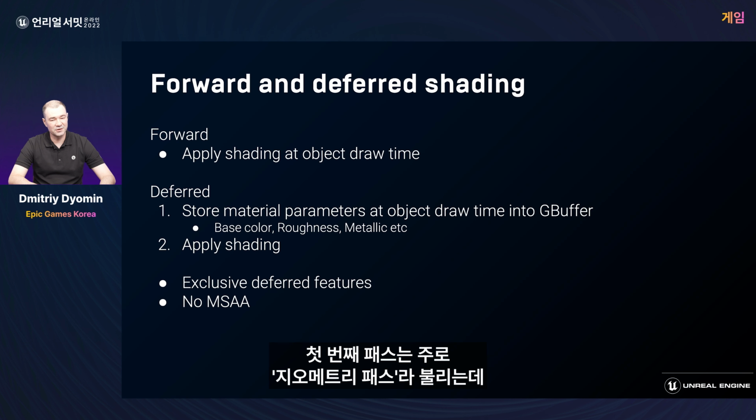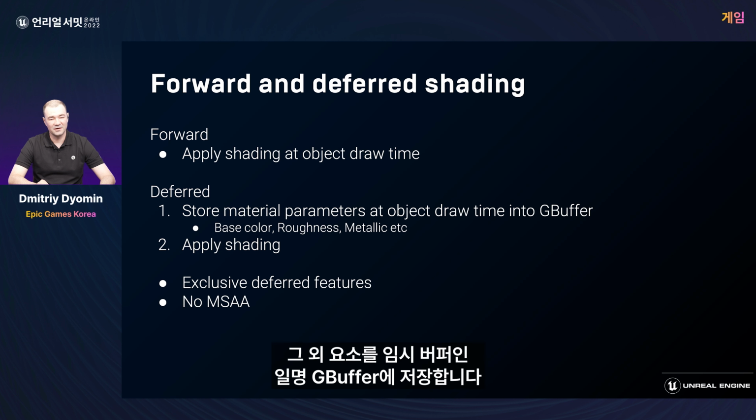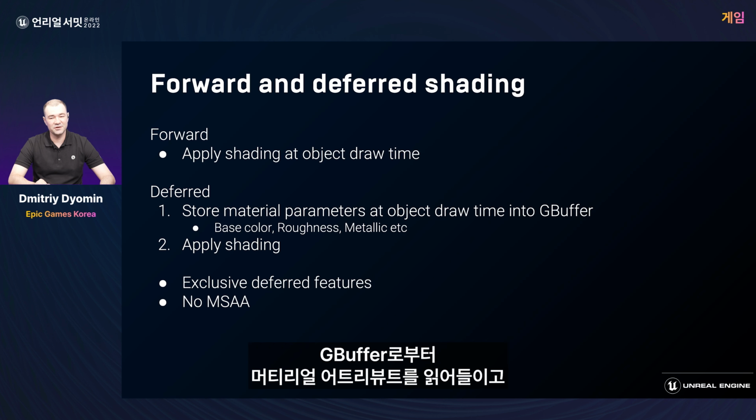In the first pass, usually called the geometry pass, we store required material attributes like base color, roughness, metalness, and some others into a temporary buffer, usually called the G buffer. Then we run a second pass, usually called the lighting pass, which reads material attributes from the G buffer, computes lighting for it, and writes the shaded pixel into the frame buffer.